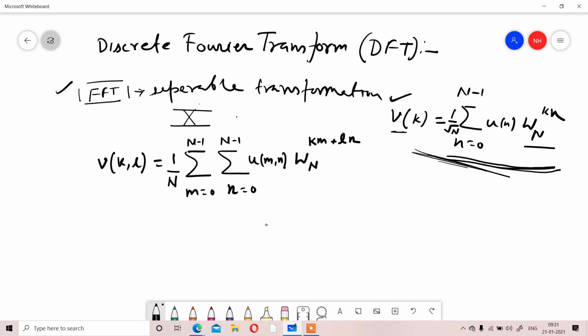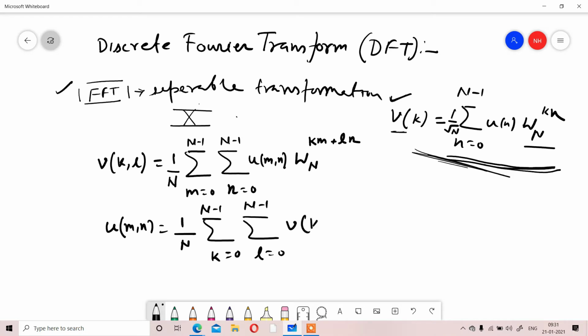And from here u m n, if you calculate, that will also be 1 by n, double summation k equal to 0 to n minus 1 and l equal to 0 to n minus 1, sorry, it's k l not m n, v k l W n of minus k m minus l n.